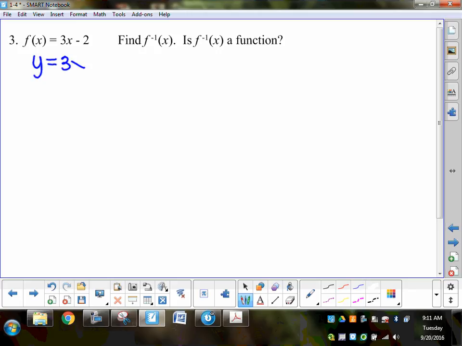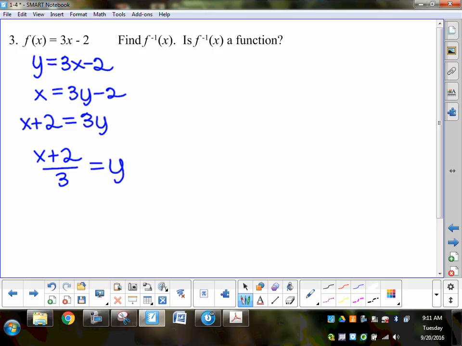So if we have that, what's your first step in finding the inverse? Switching the x to y. So what's it going to look like when I do that? X equals 3y minus 2. Now can you solve for the y? Add 2. Then divide by 3.